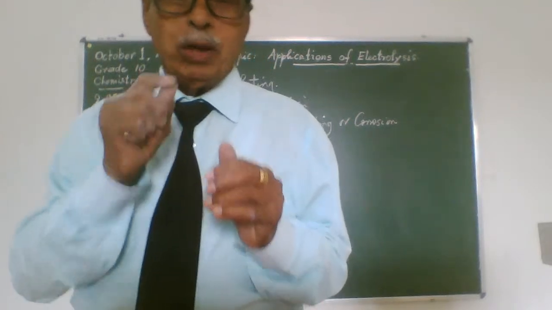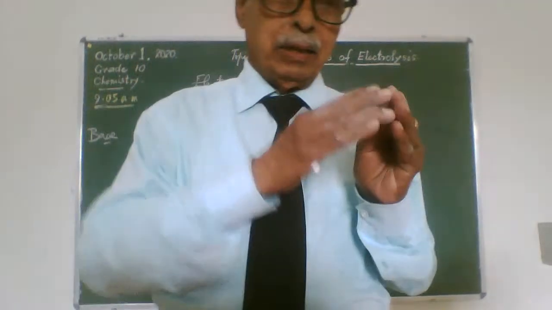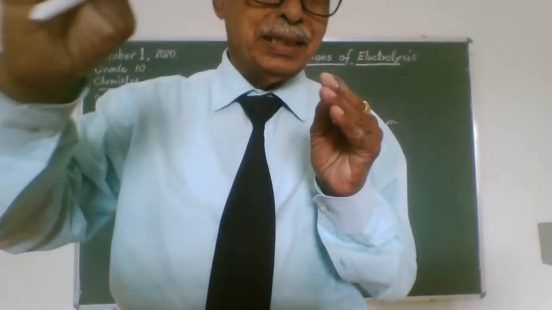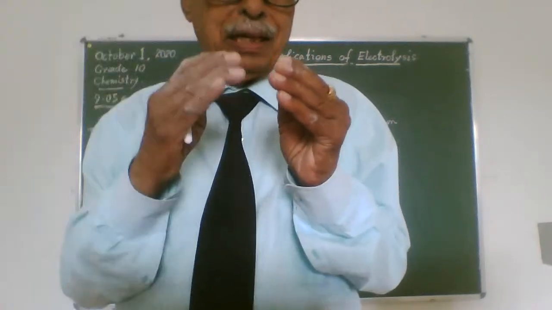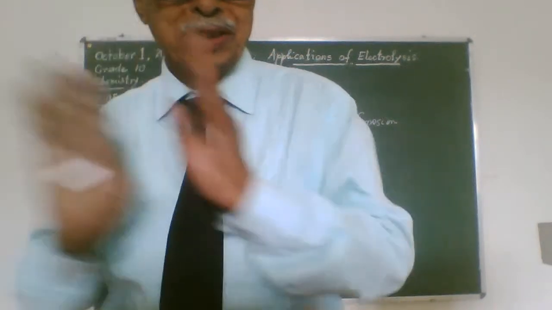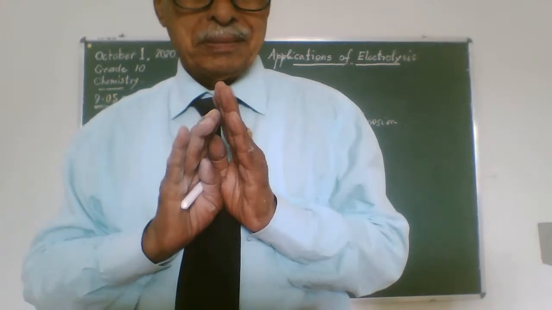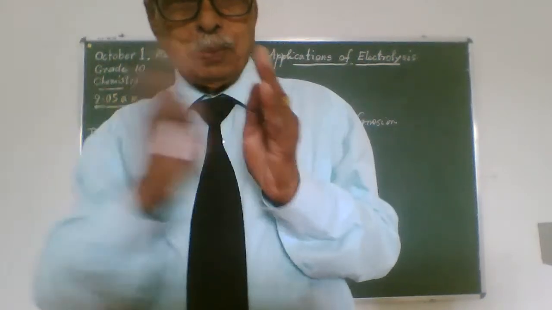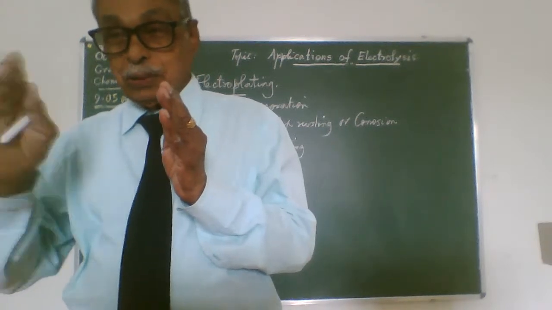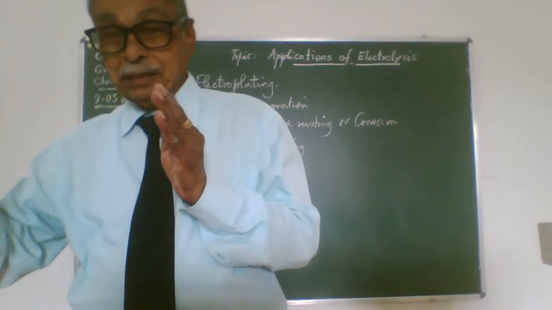Why? An ion should go there, receive an electron, change into an atom, get deposited. You understand? Say copper ion. Copper ion moves to the cathode, suppose. Copper ion is Cu2+. It needs two electrons.